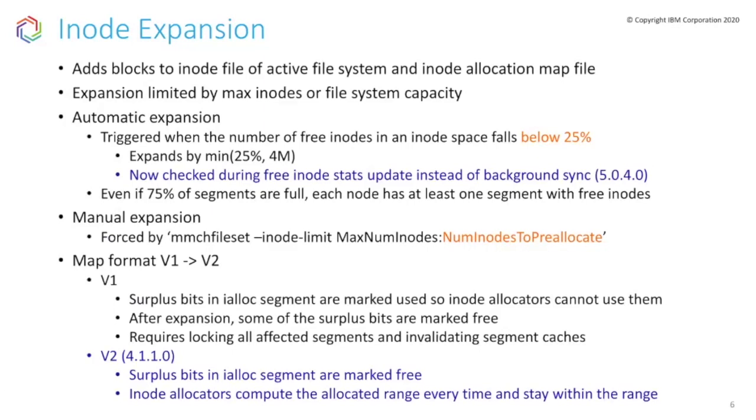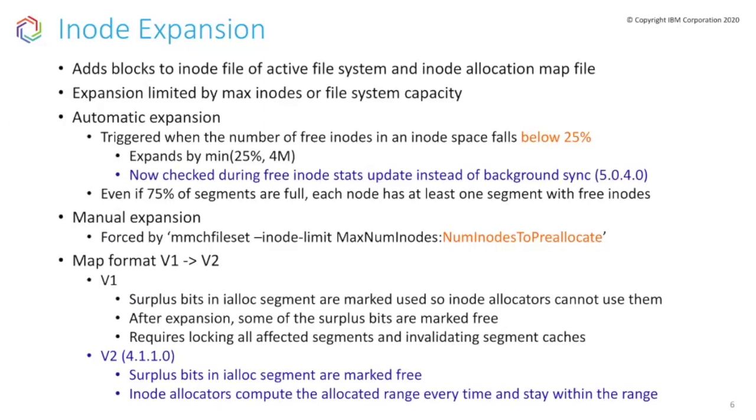The trigger for the expansion, we used to do this during background sync. That happens in 30-second intervals. But we changed that so that we check this threshold every time the free space count changes. So that's a more reactive way of expanding inodes. There used to be a case on very heavily used file systems where you would run out of free inodes.